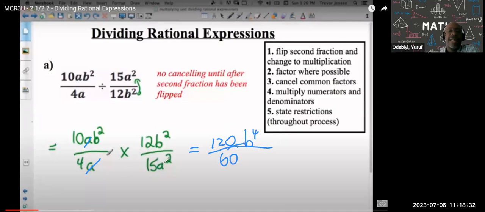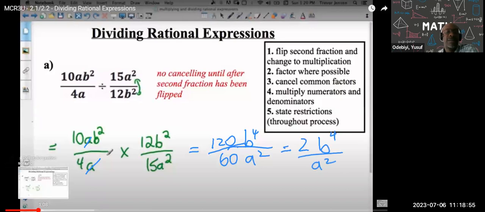And at the bottom, I still have my a squared. Okay. Can I go any further? Well, I think 60 can go into 120 twice, and it'll be 2b to the power 4 over a squared. Okay, let's see if I'm right. I think I'm right.